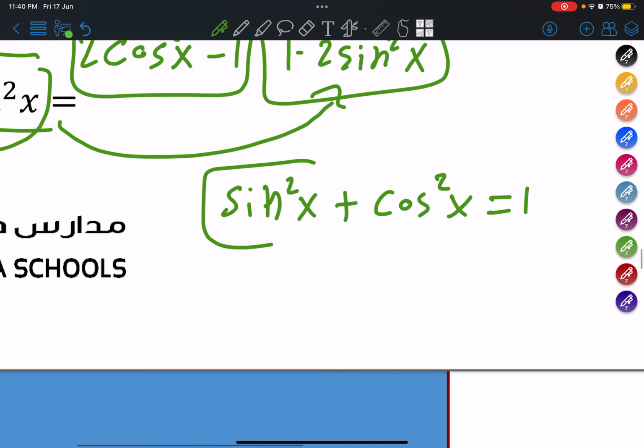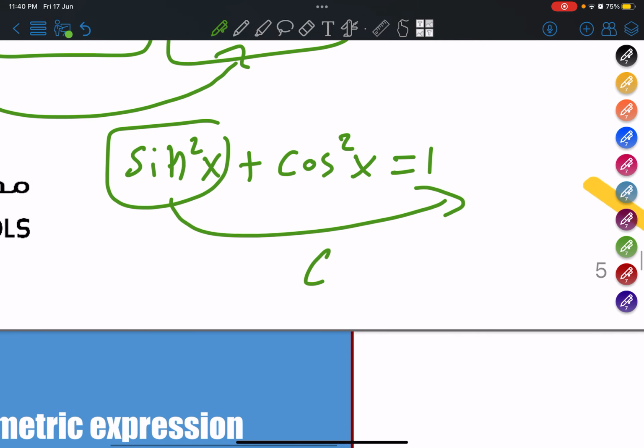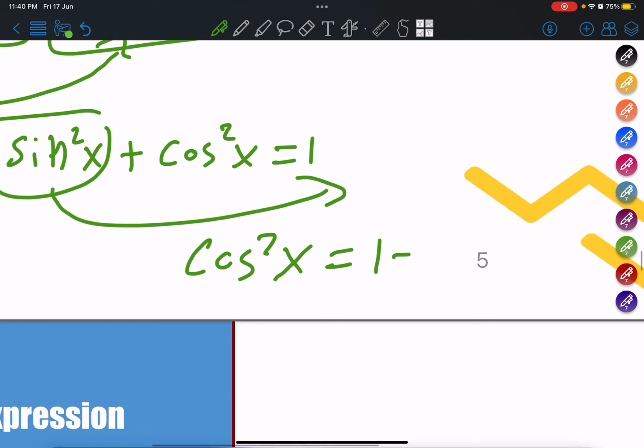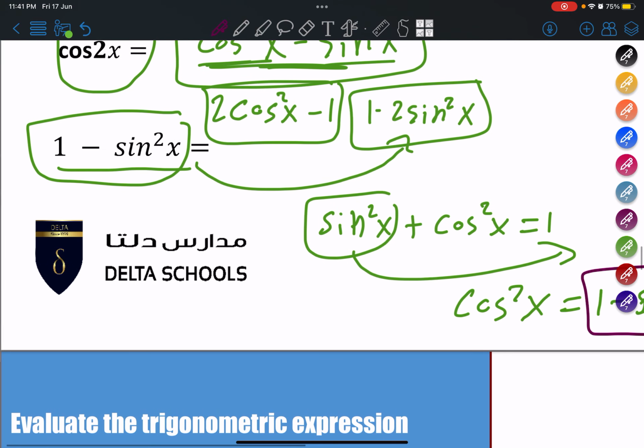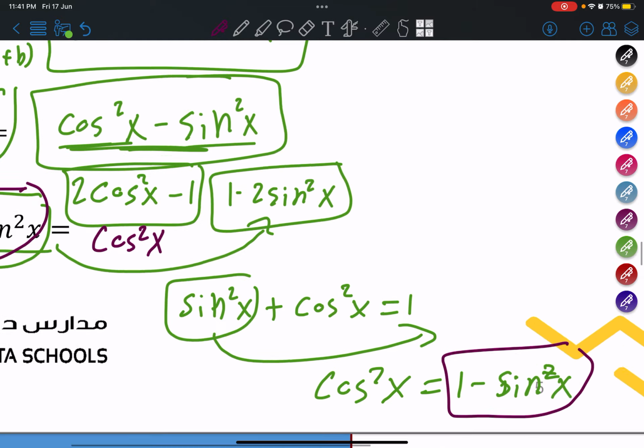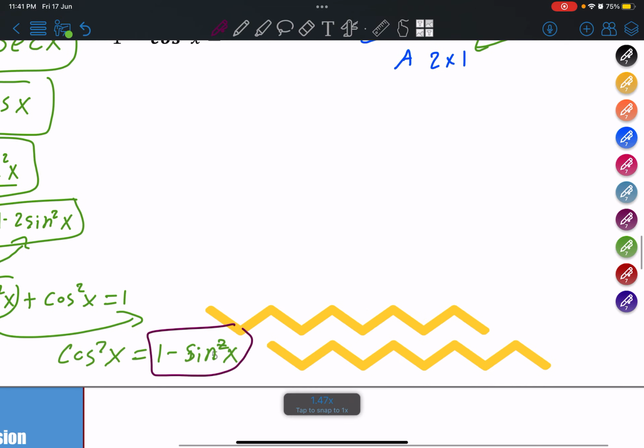If we put sine to the other side, we'll get this formula: cosine square x is equal to 1 minus sine square x. So we can see that these two values are the same, which means that this is equal to cosine square x.